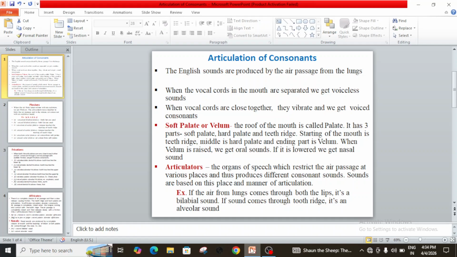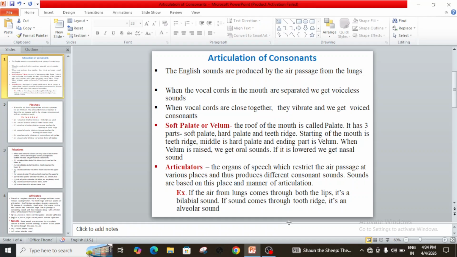And if the sound comes through the soft palate, it is called a palatal plosive or palatal affricate. The manner of articulation refers to the position of the articulators and the nature of obstruction in the air passage. So we can see that articulators are an important factor in the making of sound.